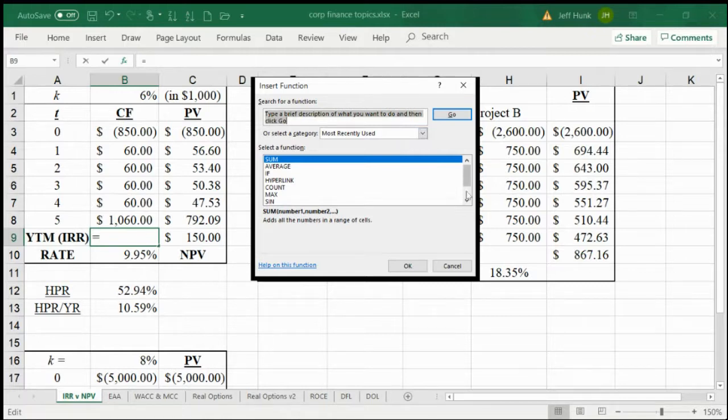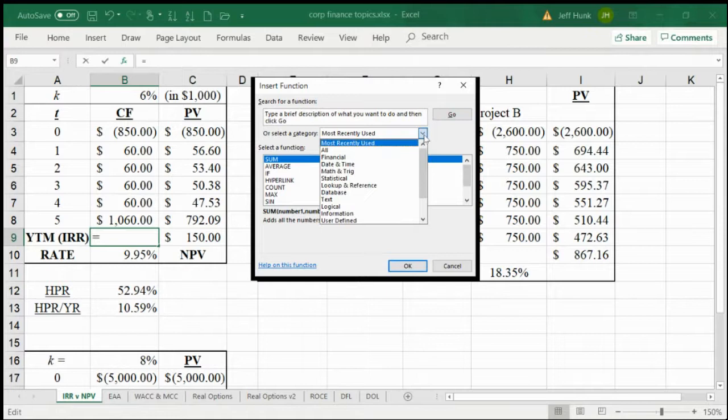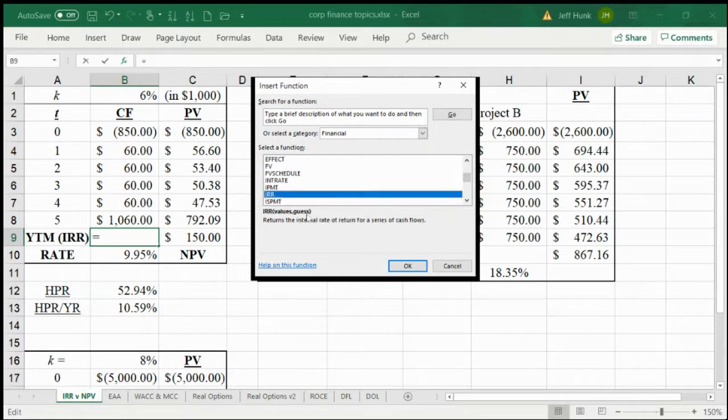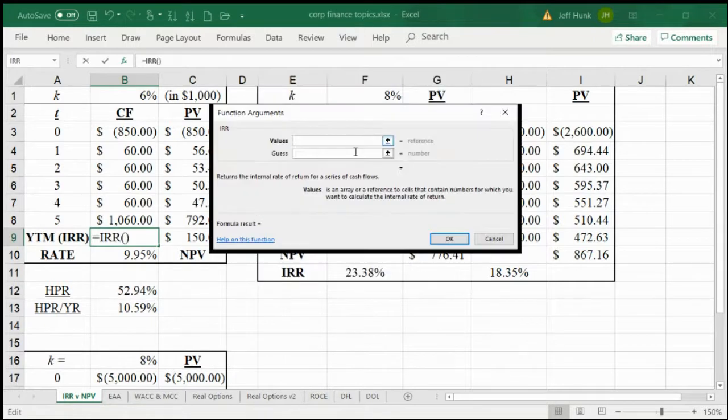But you wouldn't find it there because these are the most commonly used functions. If there's a specific function you are looking for, you'll need to go to its categories. Since we are in the financial category, you go to financial and then scroll down. It's in alphabetical order, so you scroll down until you find IRR, internal rate of return. So click OK.